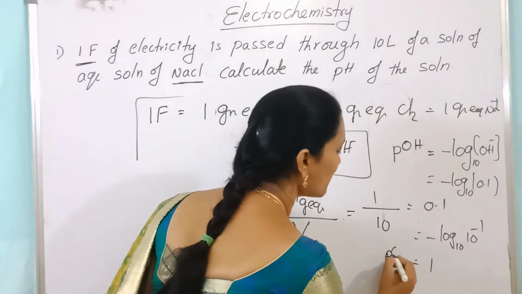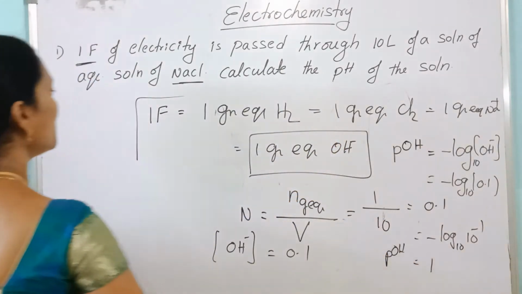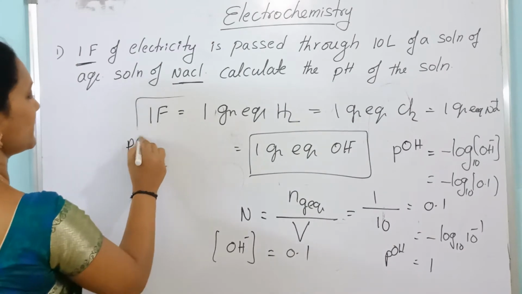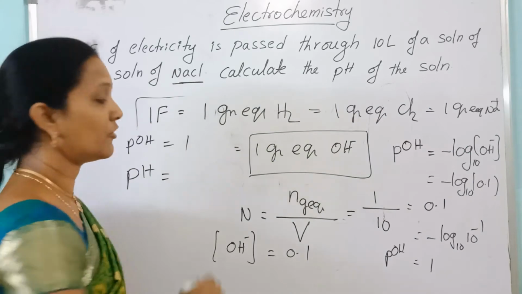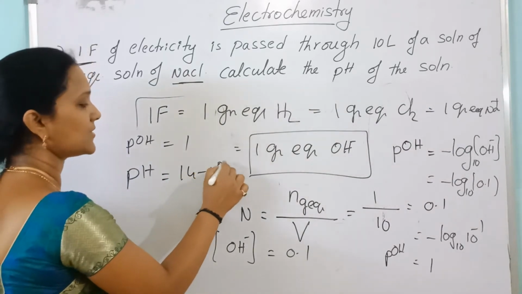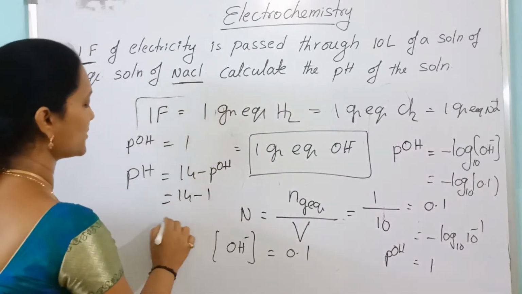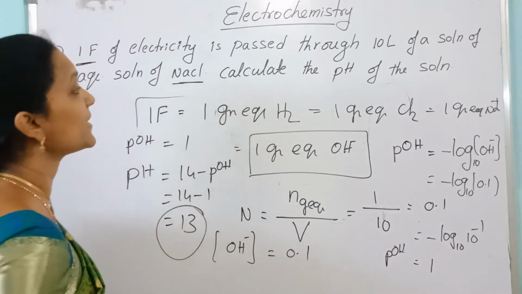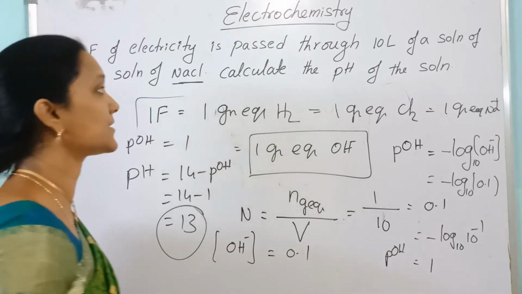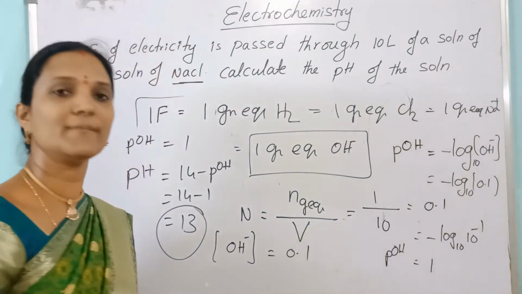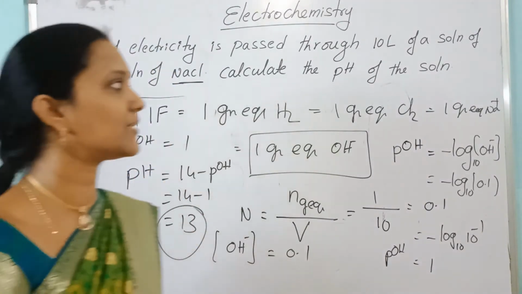So pOH is 1. Then pH is equal to 14 minus pOH. 14 minus 1, so the answer is 13. So the pH of this solution after electrolysis, if 1 Faraday of electricity passed, is 13. So it is basic in nature.